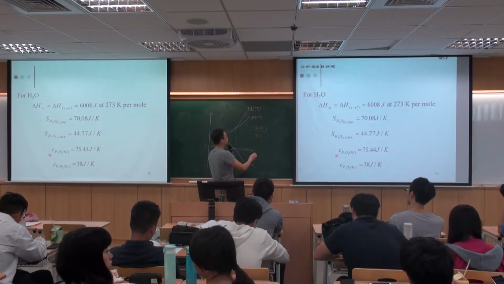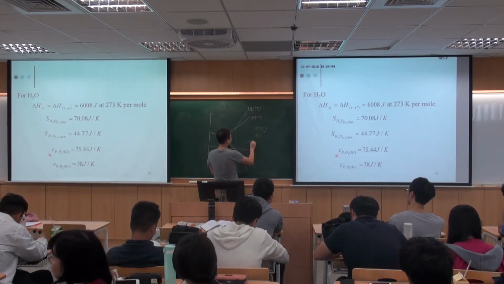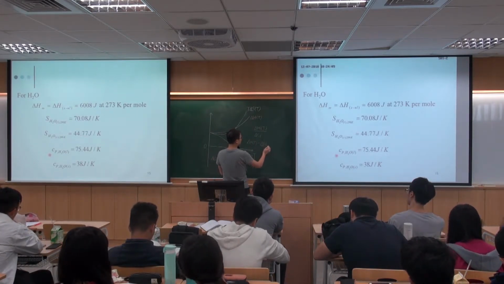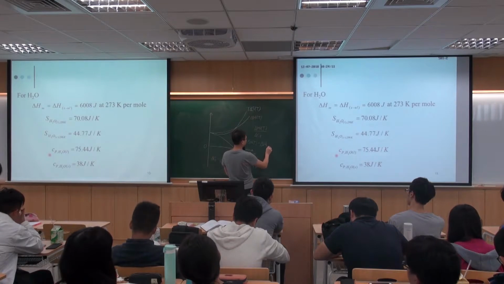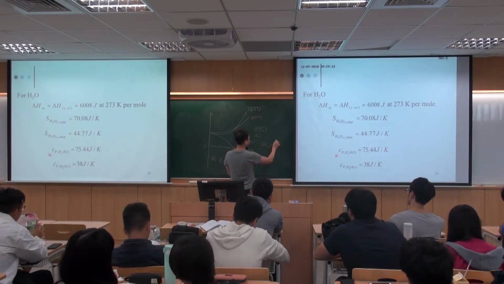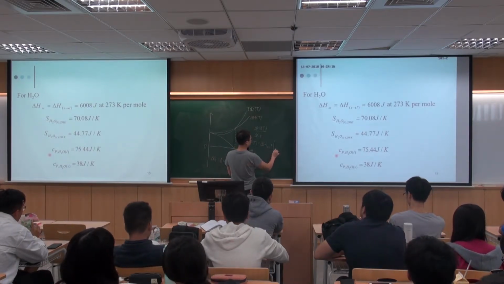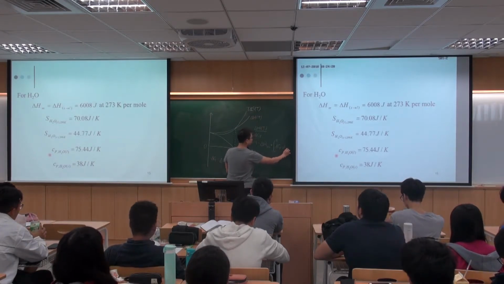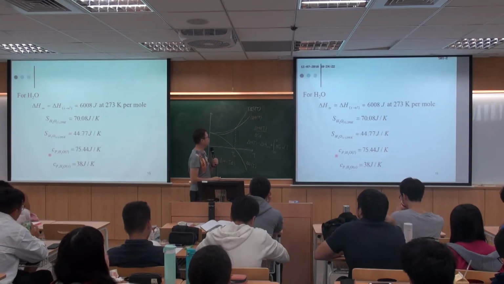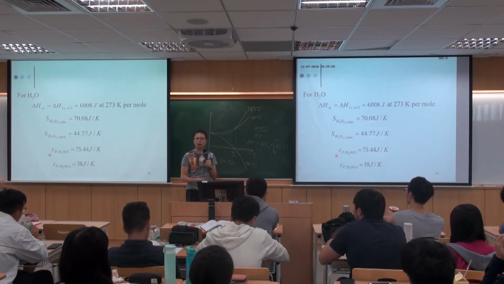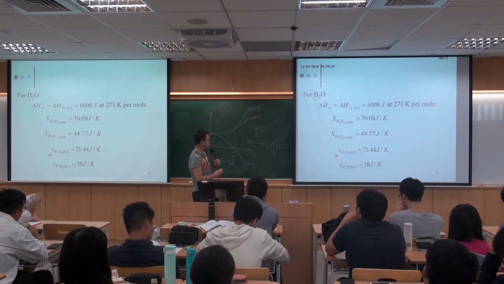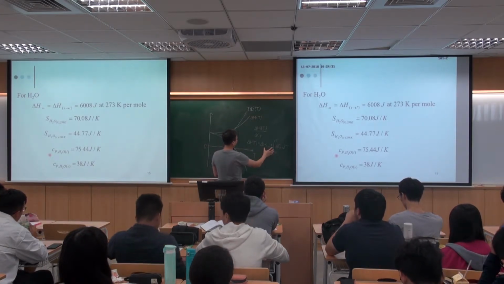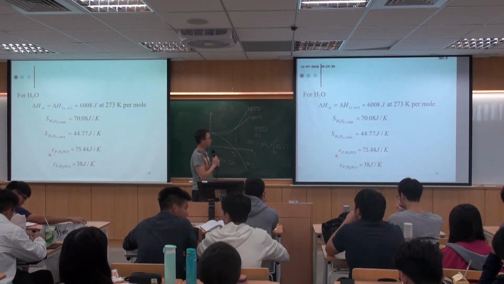And recall that, in this scenario, it's 273, then you can express delta H as a function of temperature at any different temperature as the add-on of the original delta H you have.